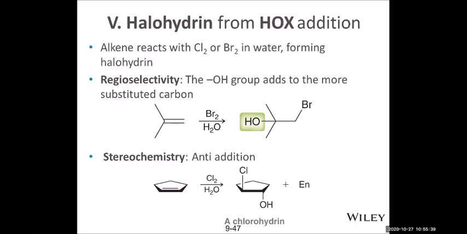Water is more abundant in the reaction conditions. So the reaction product is different and is related to the bromonium ion intermediate. This is what we find from the reaction.